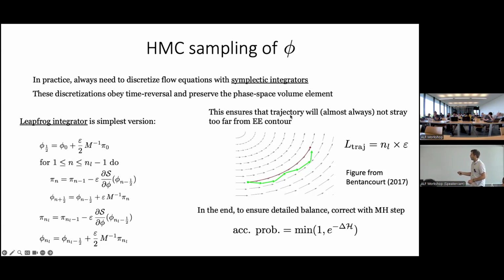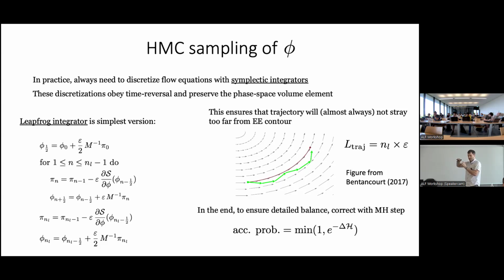So what does it mean if your discretized integrator is symplectic and it preserves this phase space volume element? Well, the red here is the equal energy contour, and the green is your actual discretized path. Since the phase space volume element is preserved, the flow is kind of incompressible.